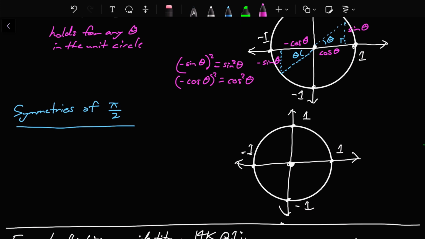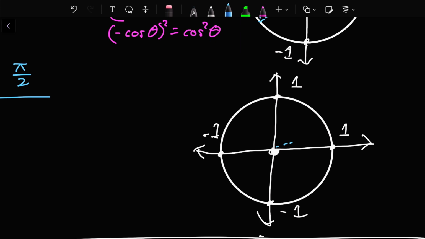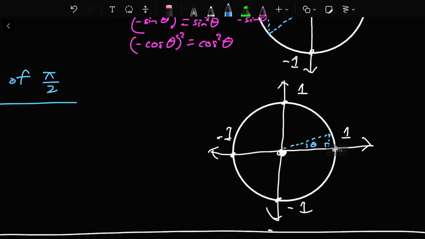So when we say symmetries of pi on 2, what we mean is what happens when pi on 2 is offsetting our angle. So again, let's draw two triangles here, but we'll draw them in different colors. So firstly, let's draw a triangle like this. We'll label this angle here theta. Okay? Boom, right angle.